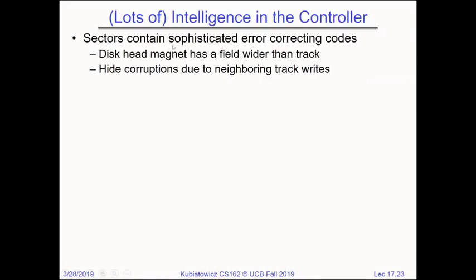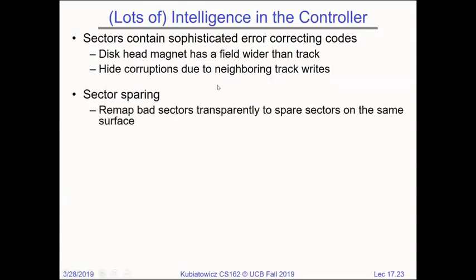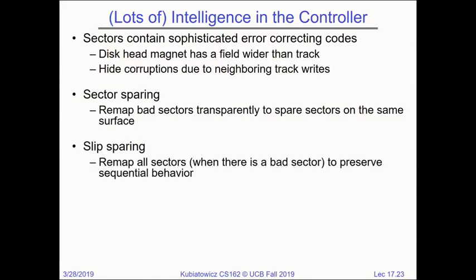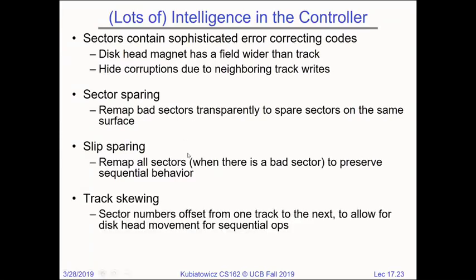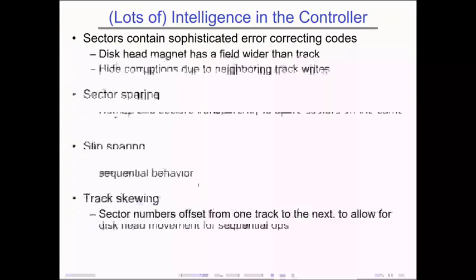There are really sophisticated error correction codes. There's something called sector sparing, where the controller on the disk drive figures out what's bad and transparently maps your queries to the good sectors, so you don't even know about bad sectors anymore. There's slip sparing for remapping sectors as well. Multiple ways of doing this. Track skewing. There are many optimizations.